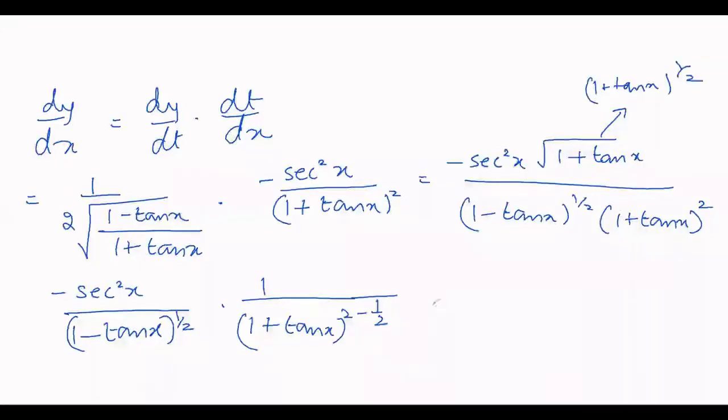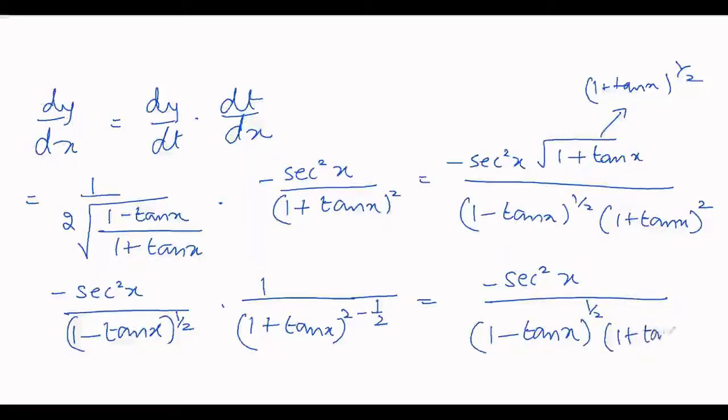So that gives me minus secant squared x divided by 1 minus tan x whole power half into 1 plus tan x whole power 2 minus half is 3 by 2. That's my final answer. Okay, so now let me clear this.